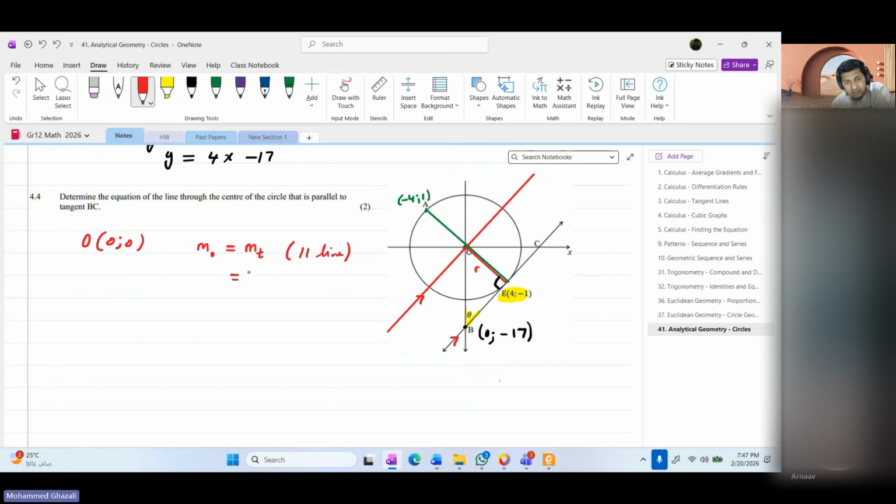What was the gradient of the tangent? 4. So it's easy: y - 0 = 4(x - 0). So y is equal to 4x. That's it.